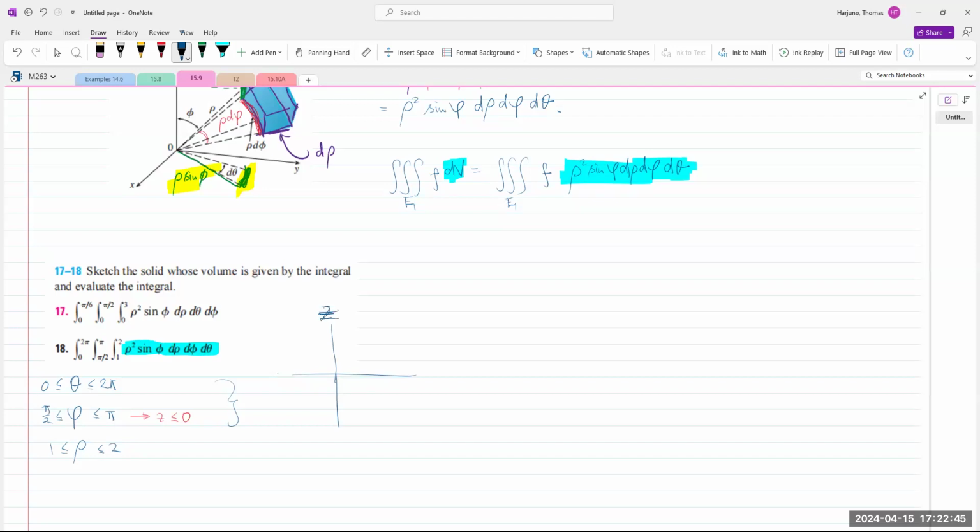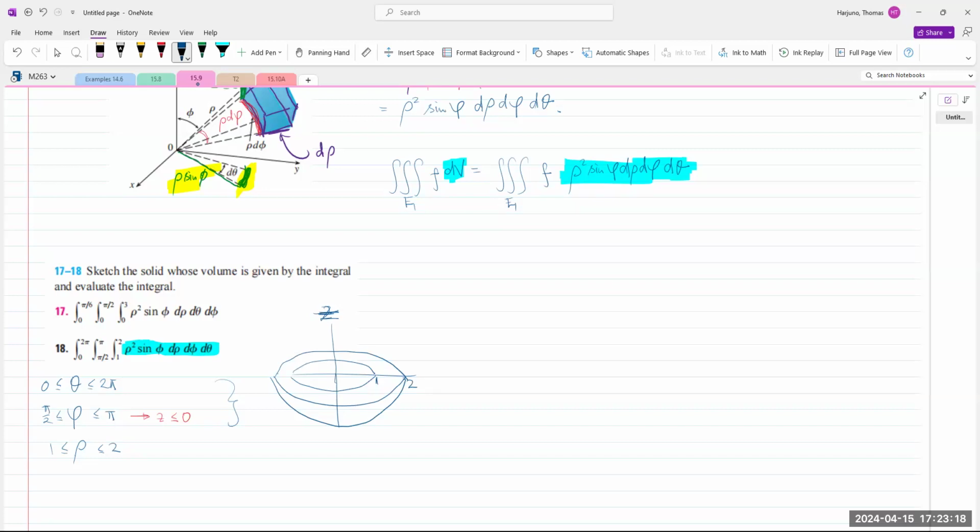Because the phi is from pi over 2 to pi, it means it covers from here to here, right? But then I need to spin it, from radius 1 to radius 2.